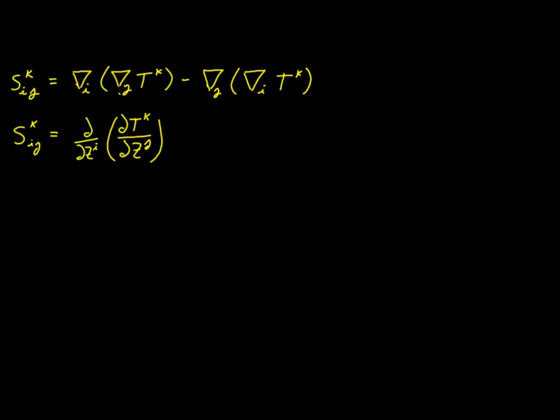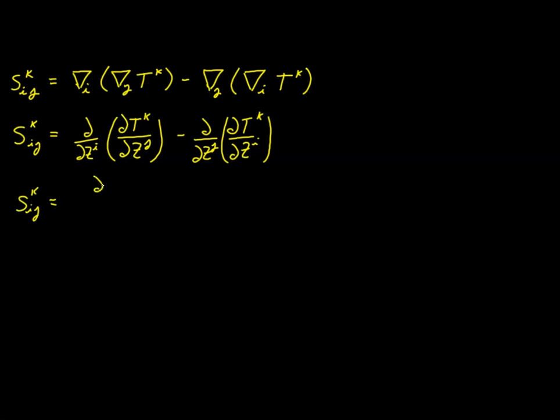So each of these is just the partial derivative. Now here we'd start first with the partial derivative of tk with respect to zi, and then we'd take the partial derivative of that result with respect to zj. And of course, doing that is just what we call the second partial derivative.